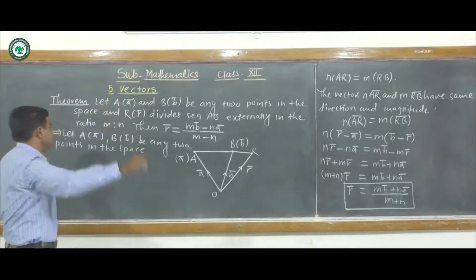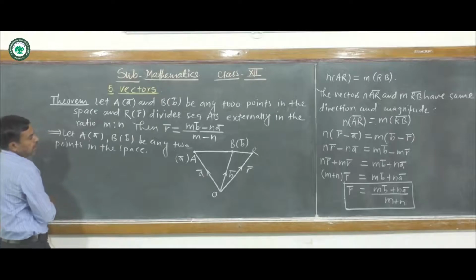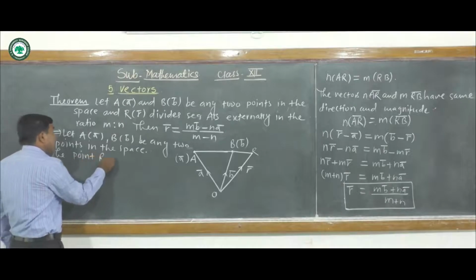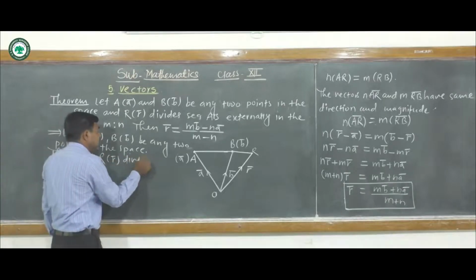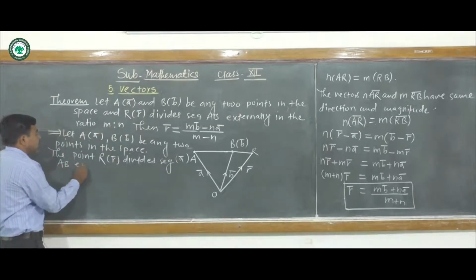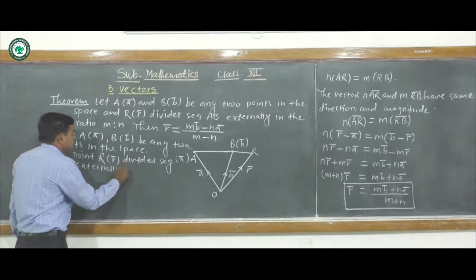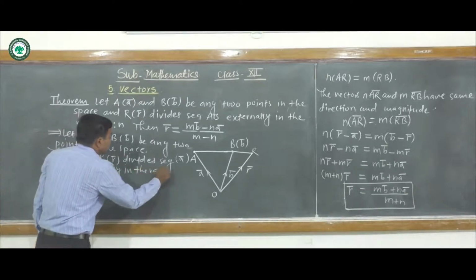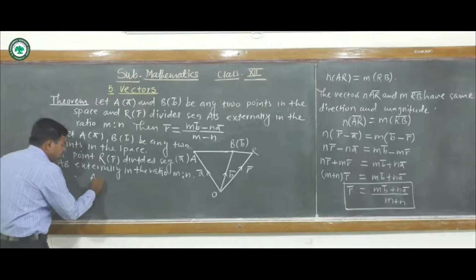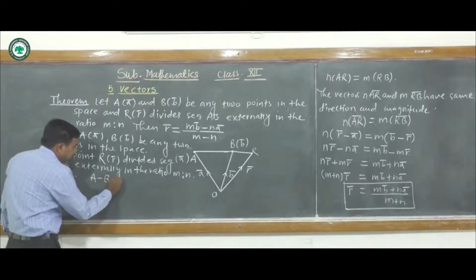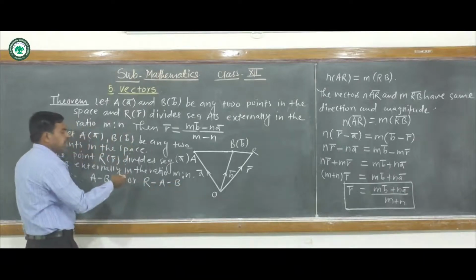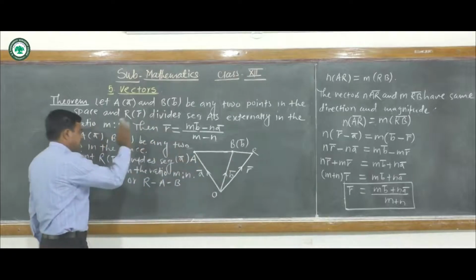In this space, the point R with position vector R bar divides segment AB externally in the ratio m as to n. So therefore, either the point R is like this, A, B, R, or R, A, B. Means point may be here or point may be here.